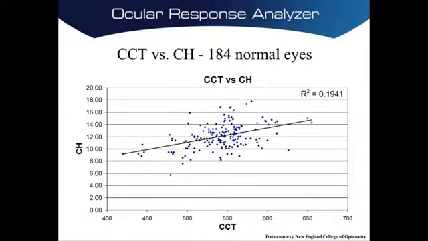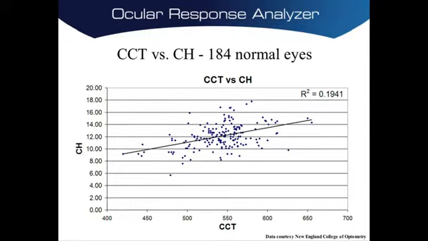This is extrapolating the idea that the thickness of the cornea must be related to its biomechanical properties and therefore its resistance characteristics. And what you can see here by looking at these two parameters, corneal thickness and corneal hysteresis, is that even though it's a positive correlation, that is, thicker corneas tend to have higher hysteresis and thinner corneas tend to have lower hysteresis, it's a very weak positive correlation.